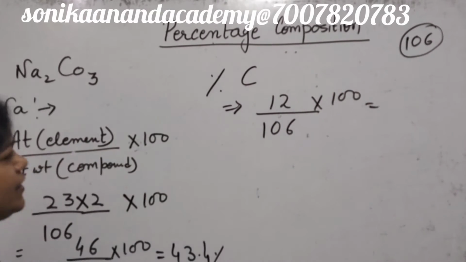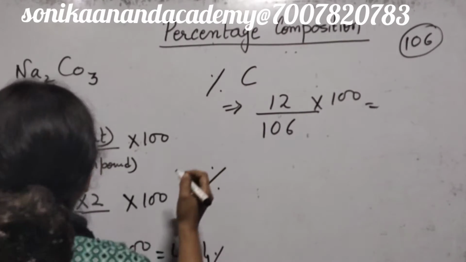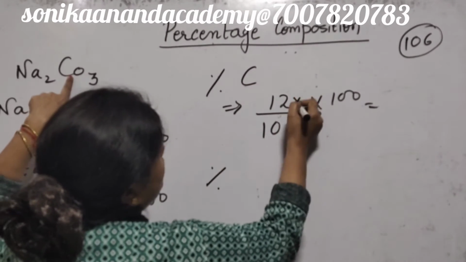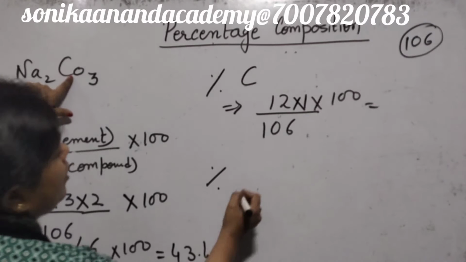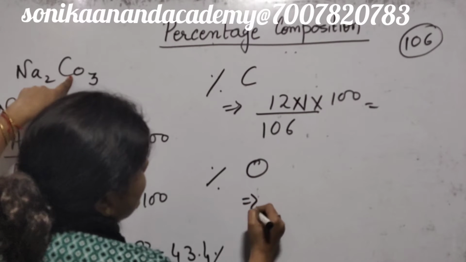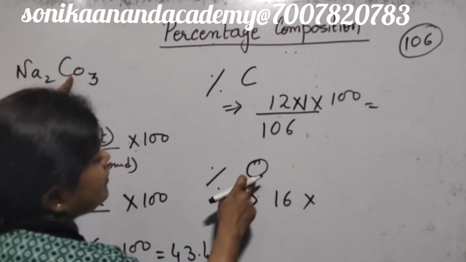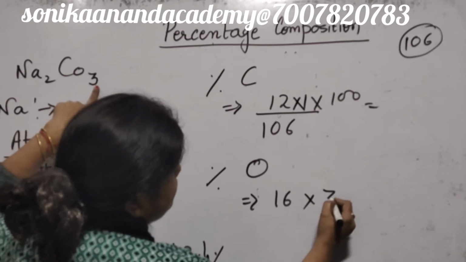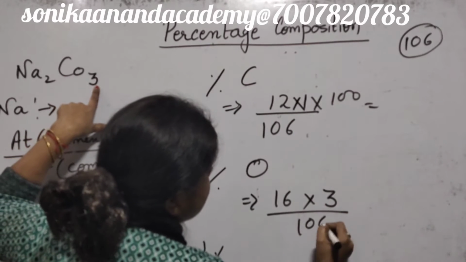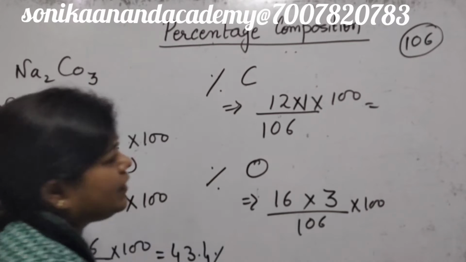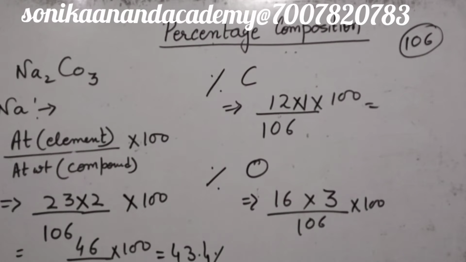Now solve and find out. Similarly, because here only 1 atom is present, we only multiply it with 1. Now percentage of oxygen, we have atomic weight of 16 and 3 atoms, that is 3 into 16 upon 106 into 100. Now find out all the answers.